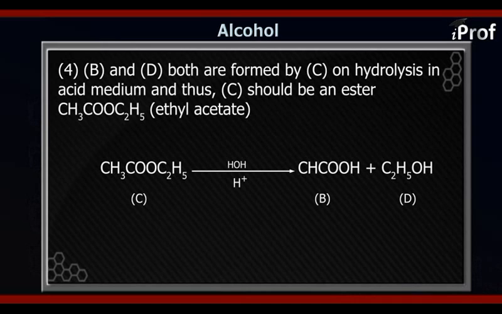Now you can easily form the structure of C because you know the product of the hydrolysis of esters. You know that B is acetic acid and D is ethanol. So using these two you can form C, which actually will be ethyl acetate, that is CH3COOC2H5.